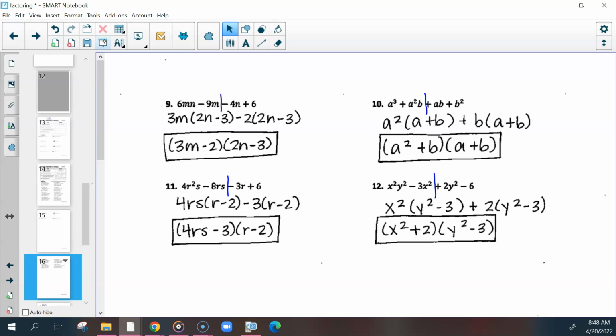Aubrey, and which does math? Is this the mixed factoring or specific factoring? No, mixed. Okay. Why?